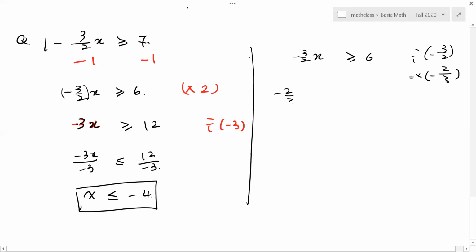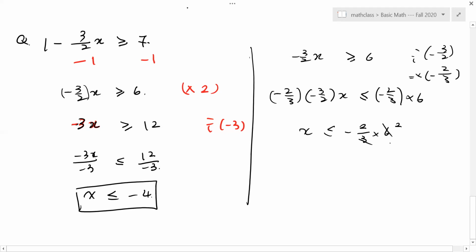So -2 over 3 multiplied by -3 over 2 x, and don't forget to change the direction. Then the left-hand side is just x. The right-hand side is -2 over 3 times 6. 6 divided by 3 is 2, times 2 is 4, so the answer will be x less than or equal to -4. You can do one step instead of multiplying by 2 and dividing by -3.